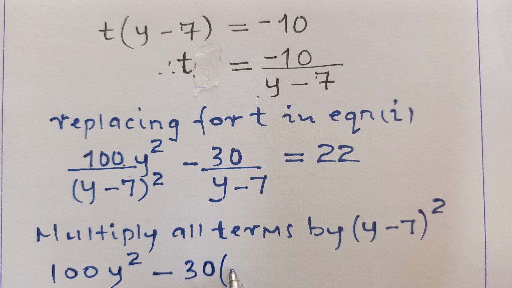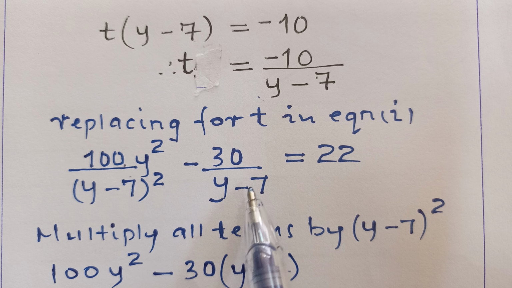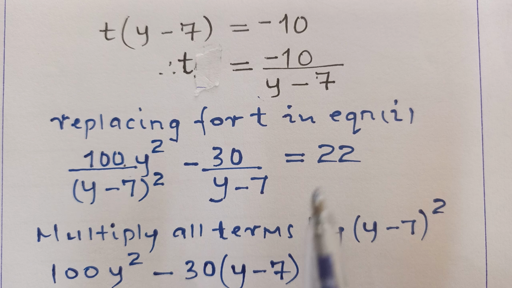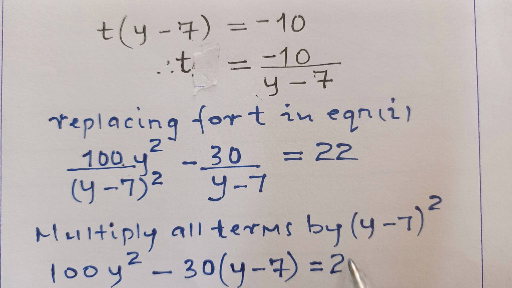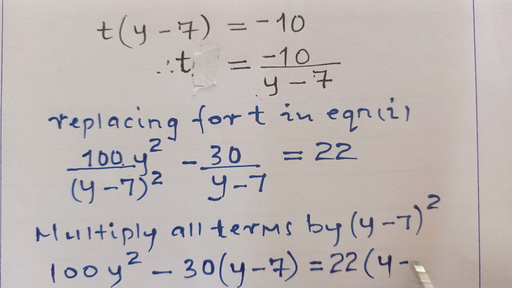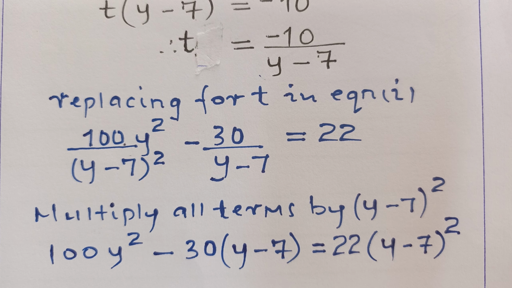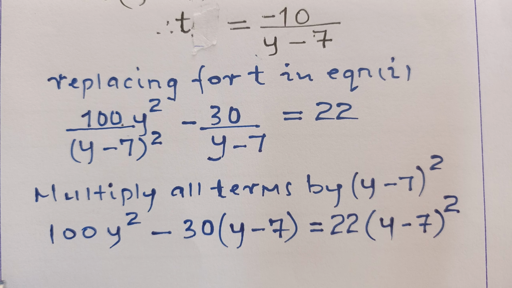This one now will be multiplied by y minus 7, since one of the y minus 7 will cancel, so we are left with 1 there. Then this equals now 22 multiplied by y minus 7 squared. That is our equation.